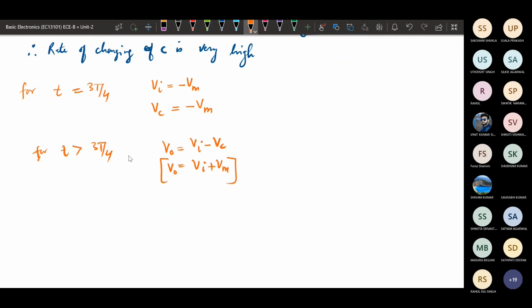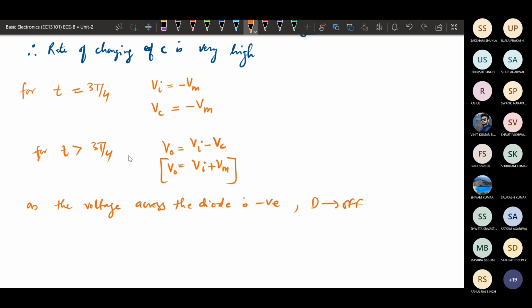Beyond this 3T by 4 time period, as the voltage across the diode is negative, we are applying the negative voltage in the negative half itself, the diode will be off.